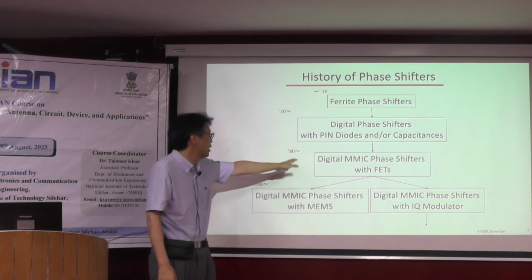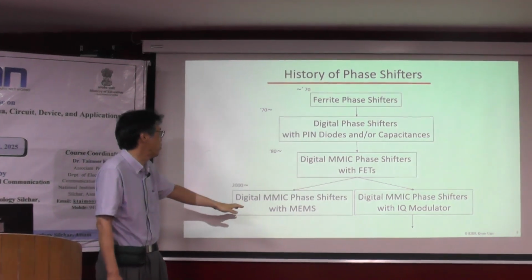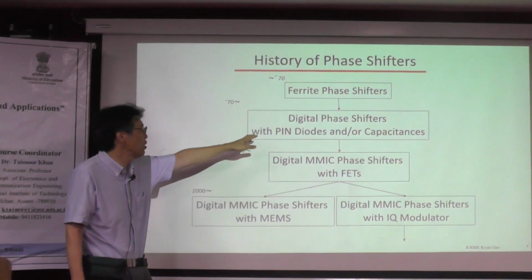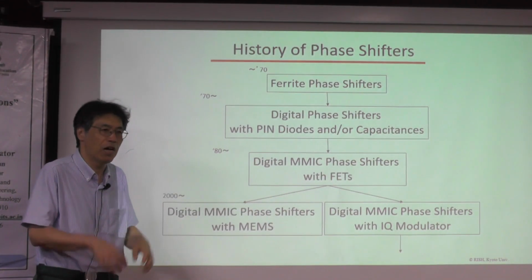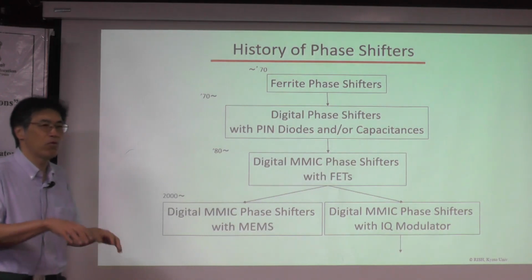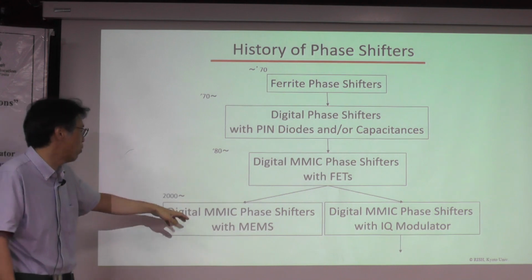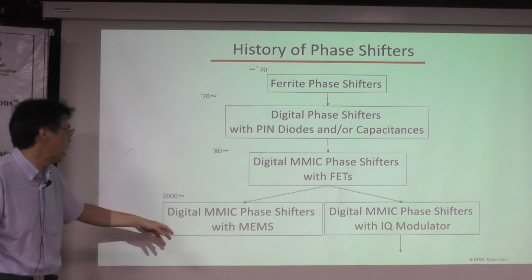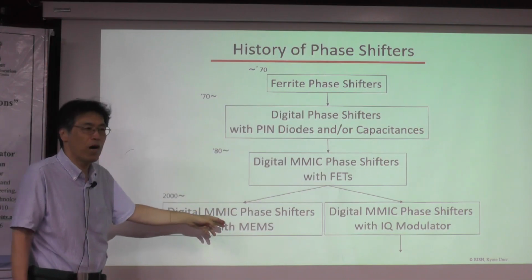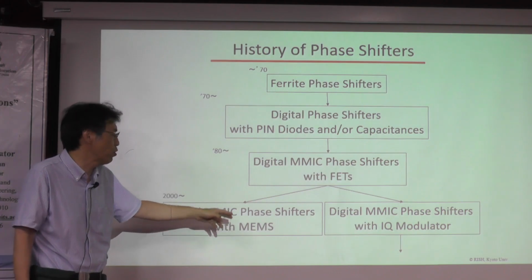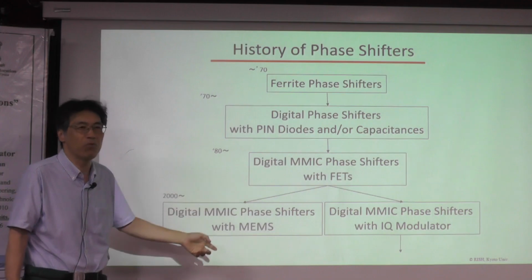And after the success of the MMIC phase shifter, now we have two big trends. Because this pin diode, FET or capacitance includes some losses in the circuit, to reduce the loss in the circuit or device, some people propose MEMS, microelectromechanical systems, instead of the diode or FET.